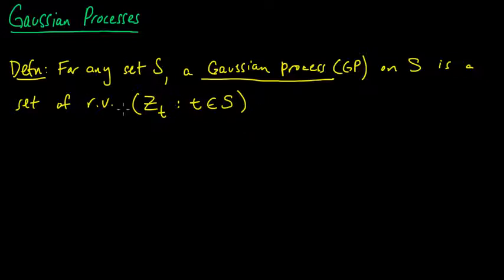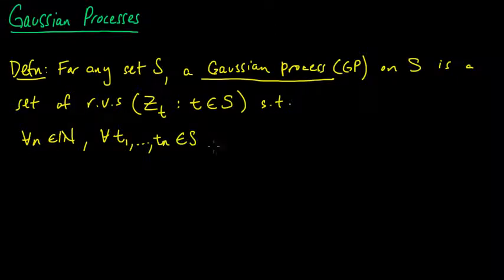It's a collection of random variables like this, such that they have the following property. For any n, and for any t_1 up to t_n, so there are n t's in S, the vector (Z_{t_1}, ..., Z_{t_n}) is Gaussian distributed.